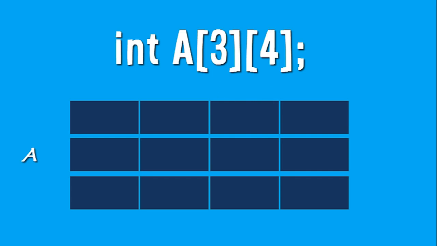So what will this do? a[3][4] will create a two-dimensional array in the memory with 3 rows and 4 columns. So the total number of elements in this array would be 3 times 4, that would be 12. So 12 elements are there in this array.